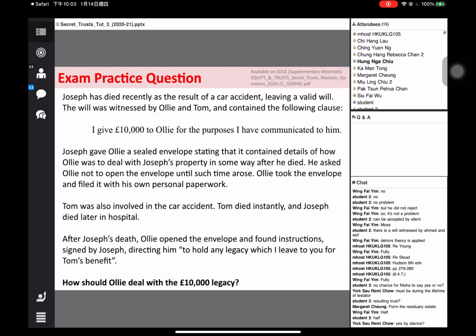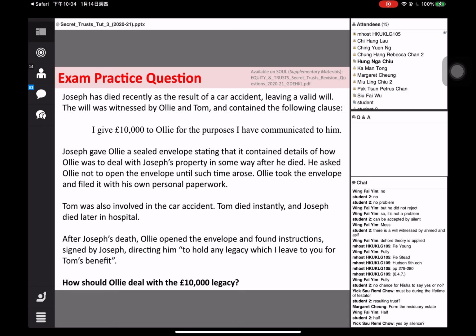It will be on resulting trust for the estate. But if it was before the execution of the will, or at the same time, that will be okay. That's sufficient. We don't know, but we just highlight to the examiner that we understand the difference there and the fact that it's not clear from the facts.